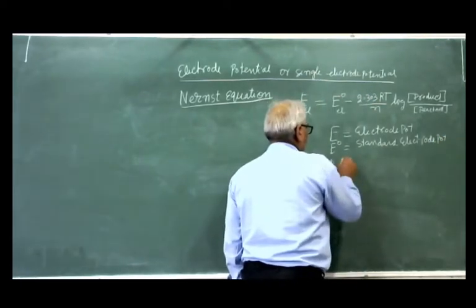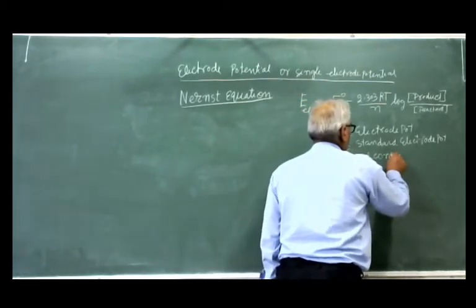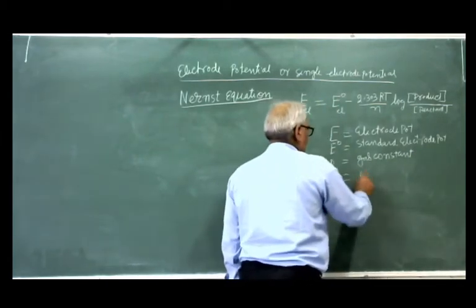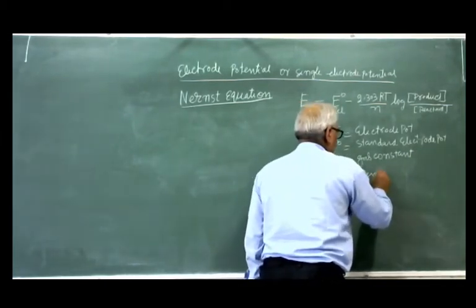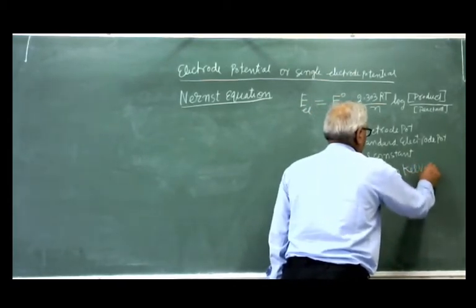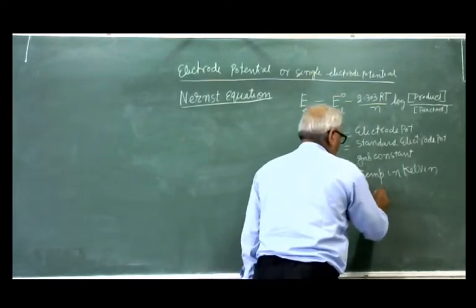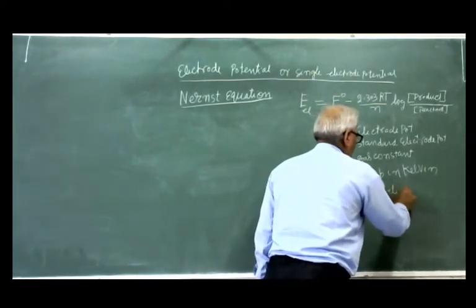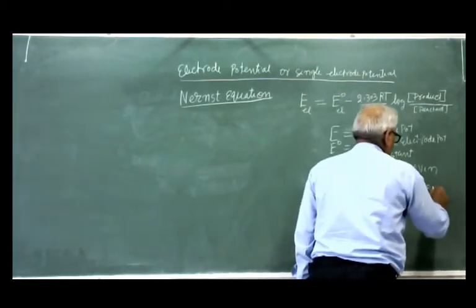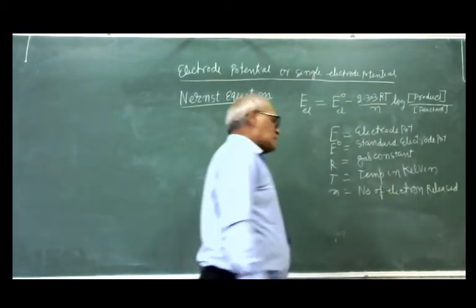R: gas constant. T: temperature, Kelvin. n: number of electrons released.